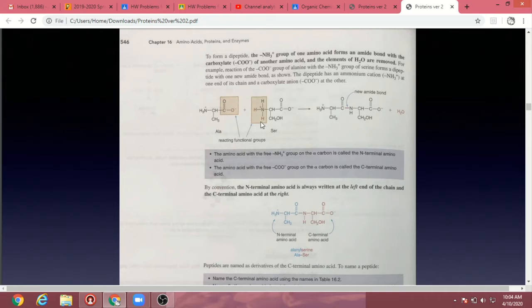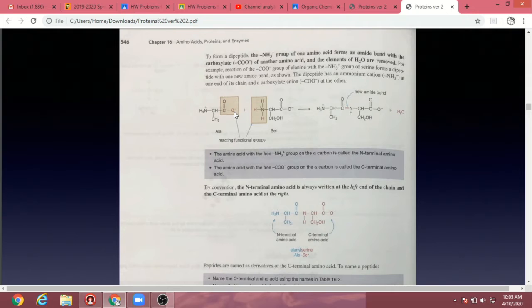Excuse me. You're going to have H2O as the byproduct. So we need two hydrogens and one oxygen. I said only one hydrogen comes from the amino group, but it's two hydrogens that come from the amino group. And it's not the OH from here, it's actually just the O. Because remember that hydrogen actually went over here to this amino group. This used to be NH2, and this used to be OH.